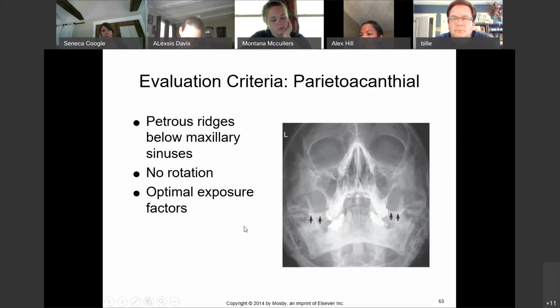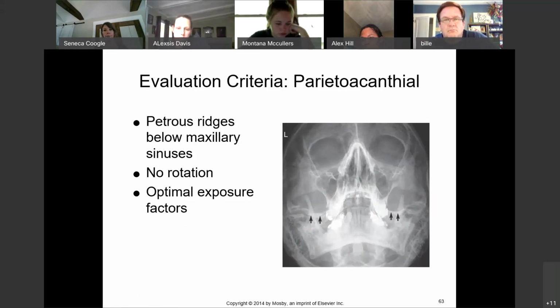But the petrous ridges, remember those are the very, very dense ones, they need to be below the maxillary sinuses, okay? If you don't have your MML perpendicular, those petrous ridges will not be below the maxillary sinuses. This projection shows those maxillary sinuses beautifully.